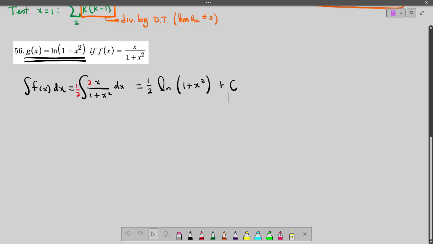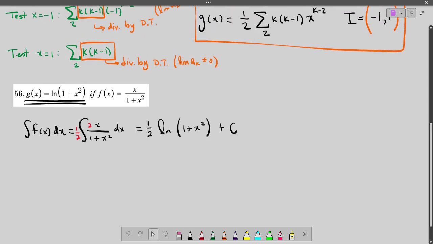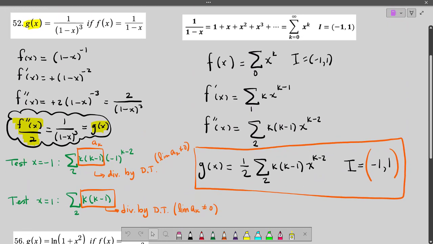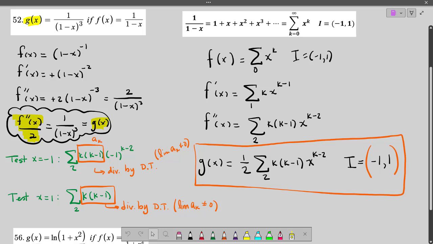Where we were at last class, we were talking about creating new power series for different types of functions from known power series. The main thing here is that we're doing it through either a derivative or an integral.